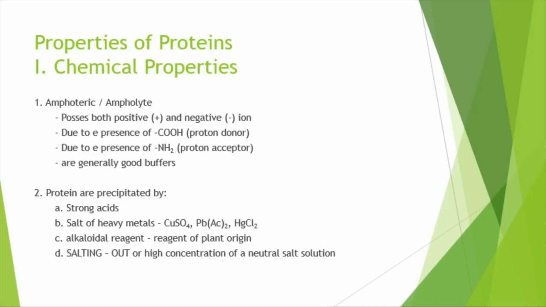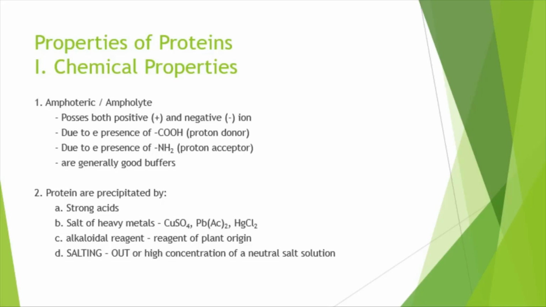So what are the chemical properties of your proteins? Also, they are amphoteric or ampholyte. Again, they possess both positive and negative ions, meaning they are zwitterions, right? So, due to the presence of COOH, which is an acid, it is a proton donor.